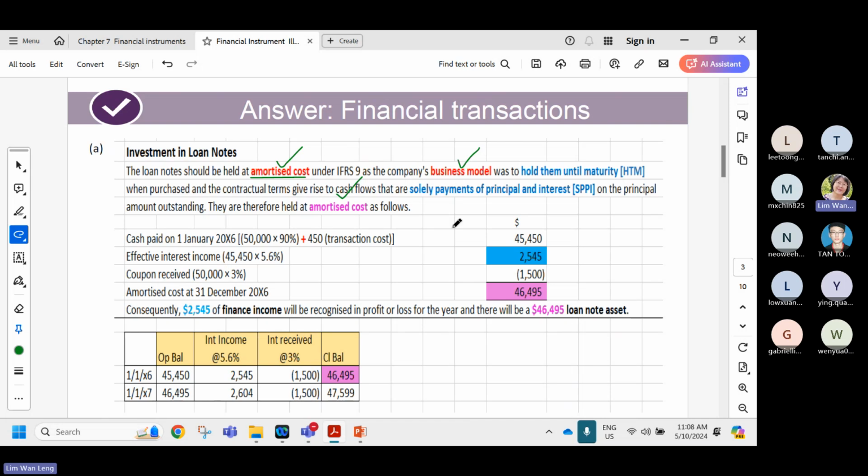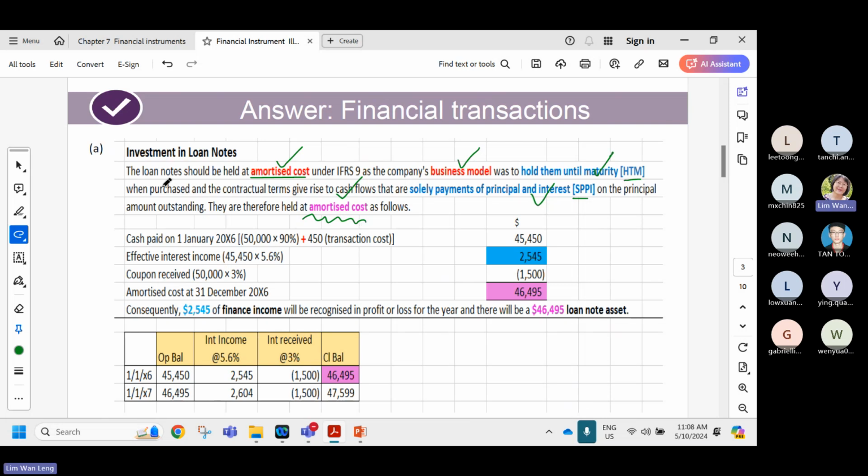So the business model says you're supposed to hold the item to maturity, HTM, when purchased, and the contractual terms give rise to cash flows that are solely payments of principal and interest, the SPPI characteristics. If you say yes and yes to this, that means your financial asset should be measured at amortized cost.